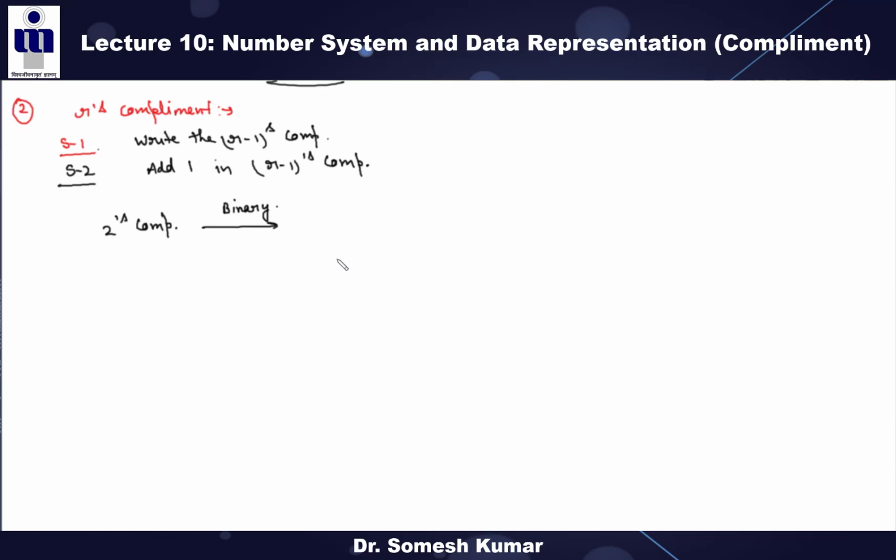First find the 1's complement, and the 1's complement of this is 0 1 1 0 1. And the 2's complement is add 1 in this, and the 2's complement comes 0 1 1 1 0. This is the 2's complement of this number. Clear?